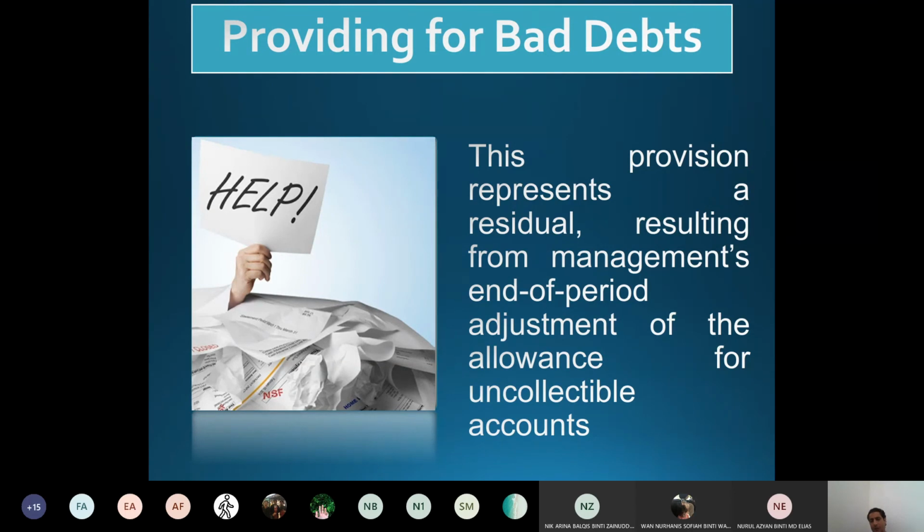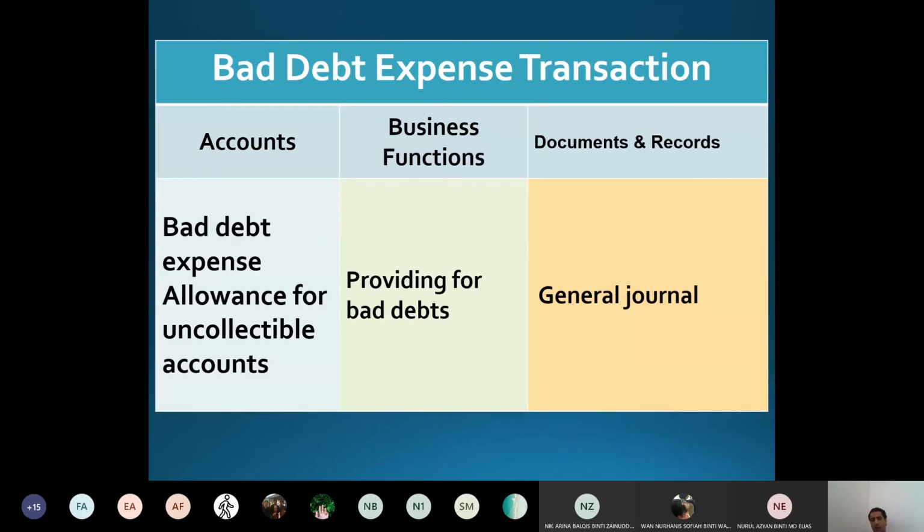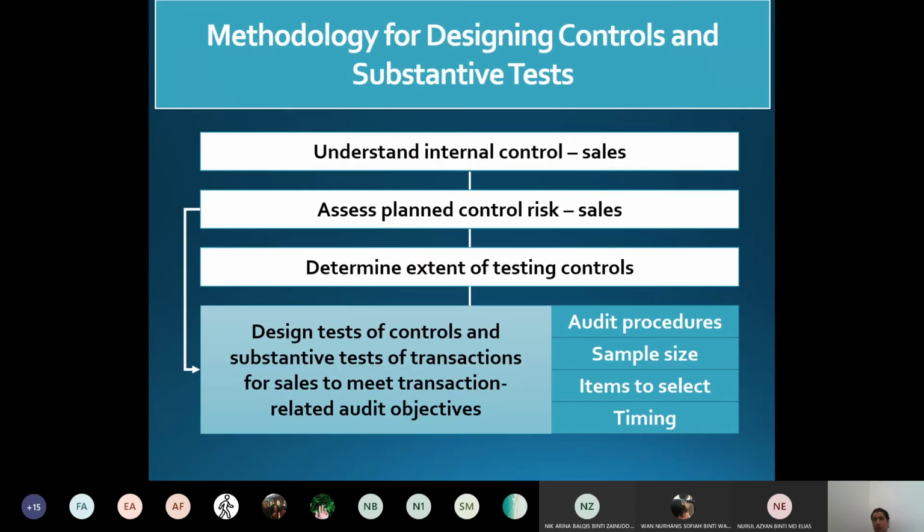So this provision represents a residual resulting from management's end of period adjustment of the allowance for uncollectible accounts. So what we will have here is providing a provision for the bad debt, and the document related to that will be the general journal.